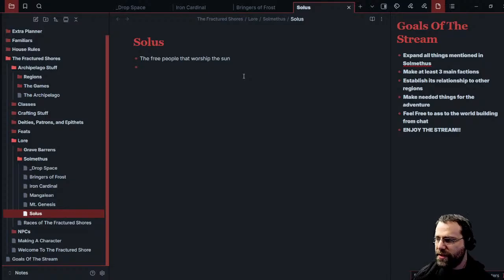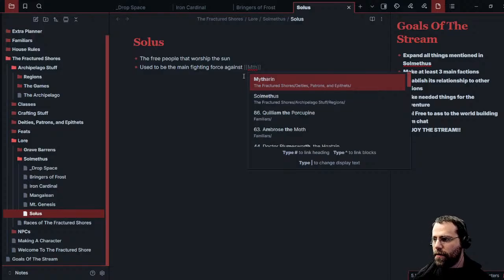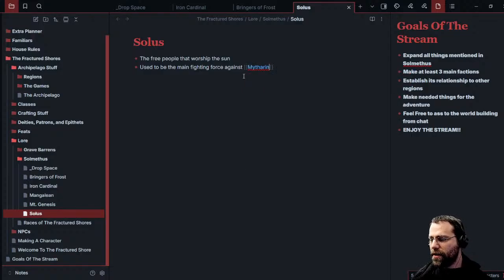People that worship the sun, to be the main force against the Matharan Church.